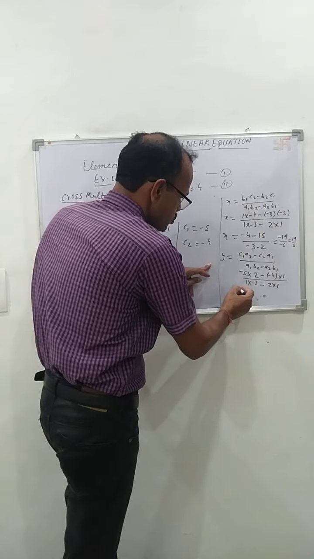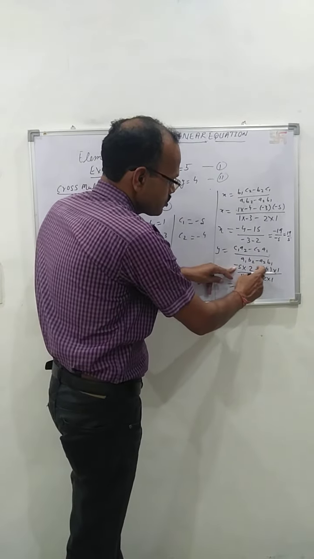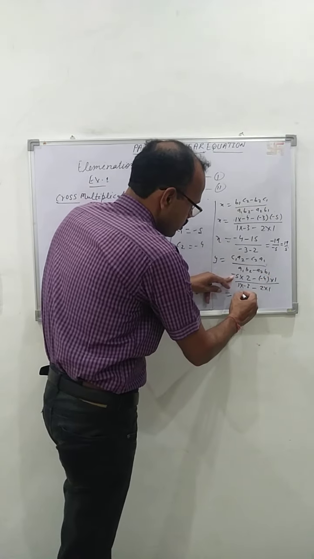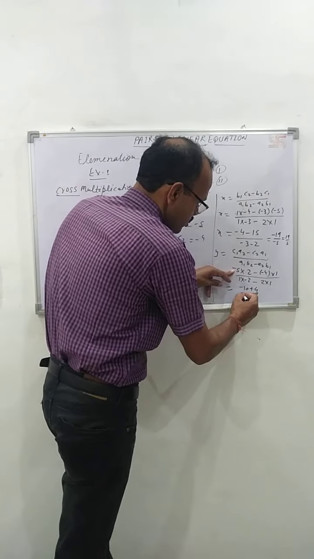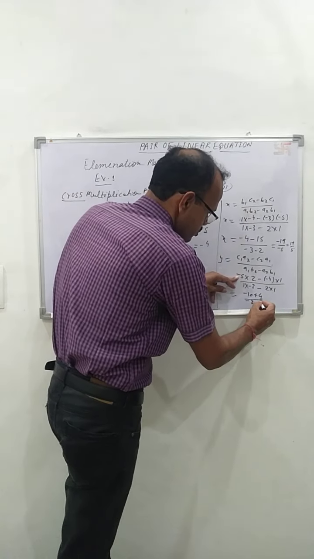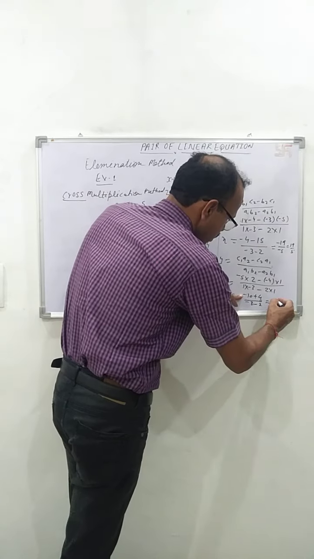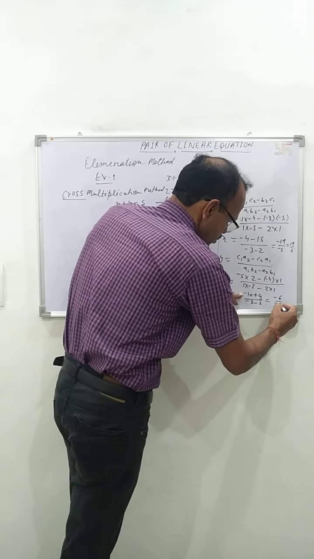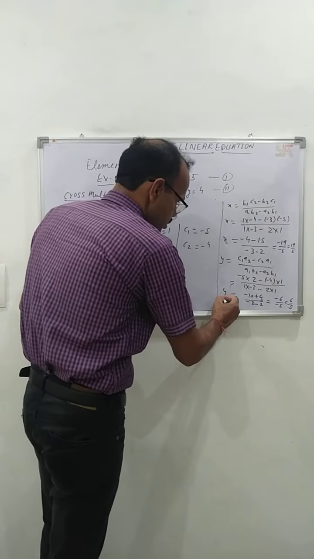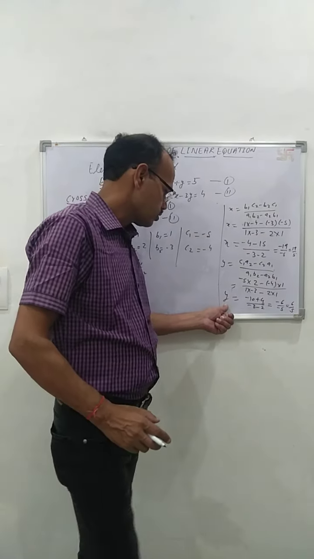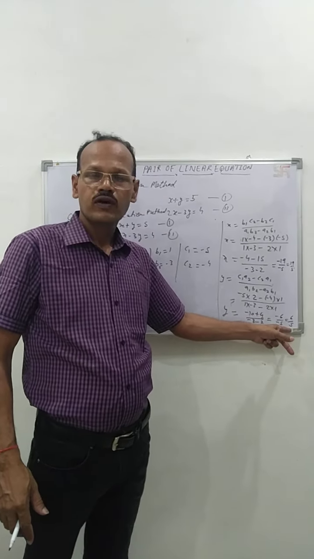On solving it, we get minus 10, minus into minus is plus 4, minus 10 plus 4, divided by minus 3 minus 2, which is equal to minus 6 upon minus 5, that is 6 upon 5. So finally the value of y is 6 by 5.